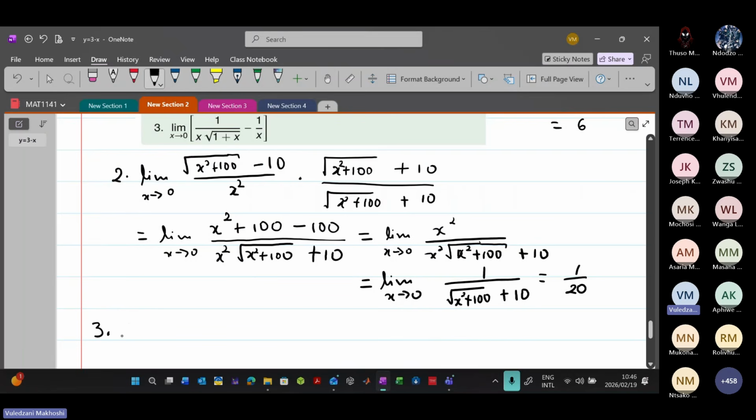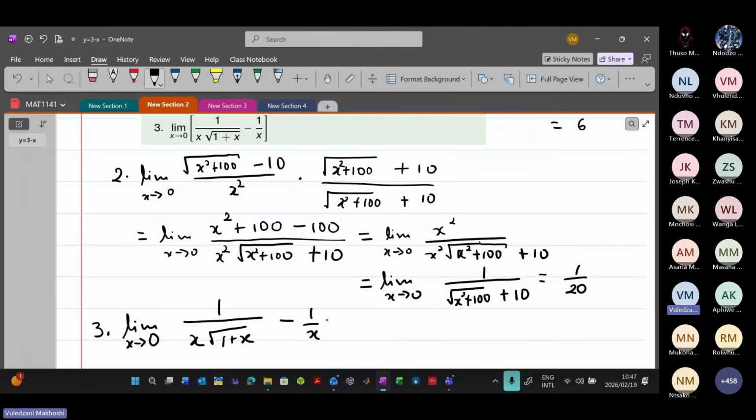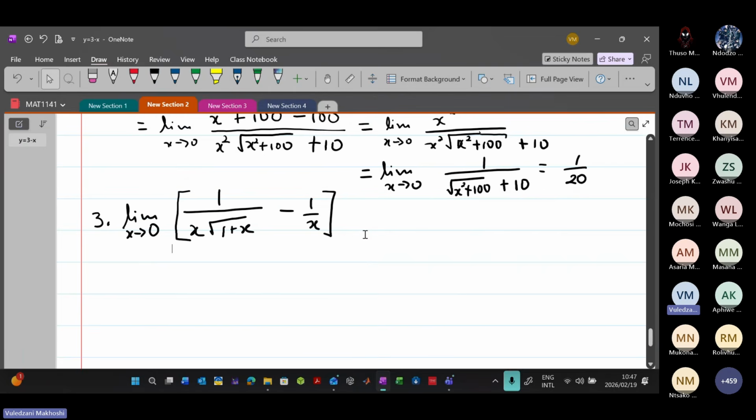Number 3, we are looking at the limit as x is approaching 0 of 1 over x times the square root of 1 plus x, minus 1 over x. Now, the first thing that we need to do, if we think in terms of our limit laws, it means we will talk of the limit of the first function as x is approaching 0 and the limit of 1 over x as x approaches 0.